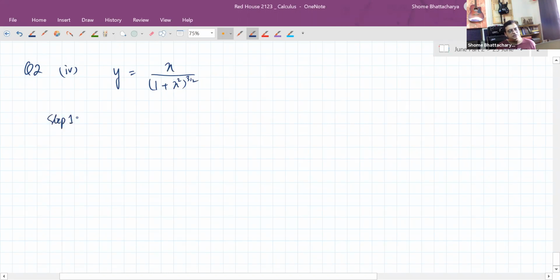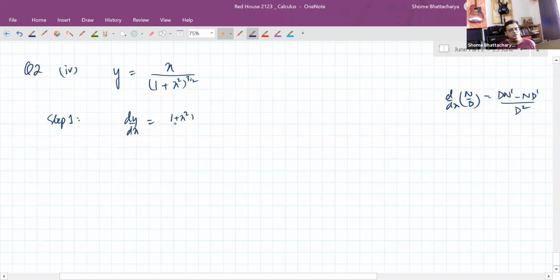So when we are executing the differentiation part, you'll have to use this formula that differentiation of a quotient is denominator into differential of numerator minus numerator into differential of denominator divided by denominator squared. So let's apply that. Okay.